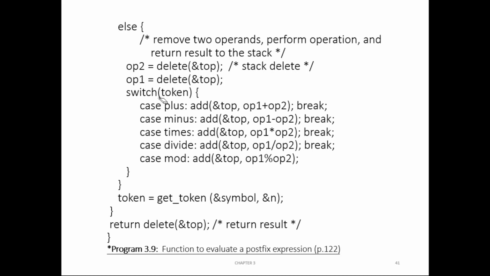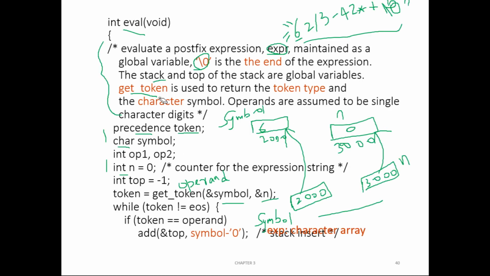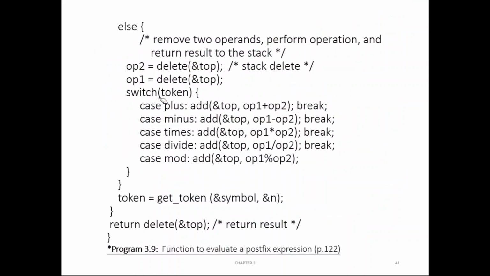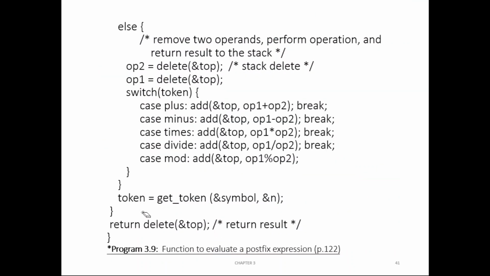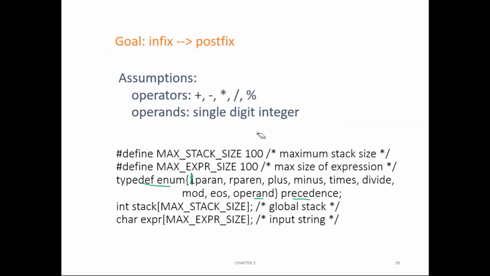Then whatever the token recently read. We will do this only if it is an operator. So in that case, token will be an operator. Then switch token. If it is a plus, this plus is defined here in the enumerated data type, plus, minus, all these things.